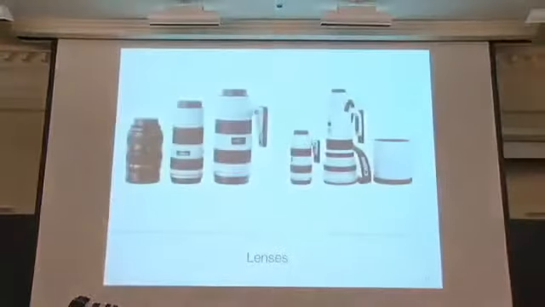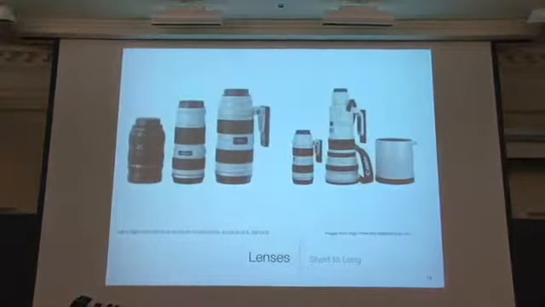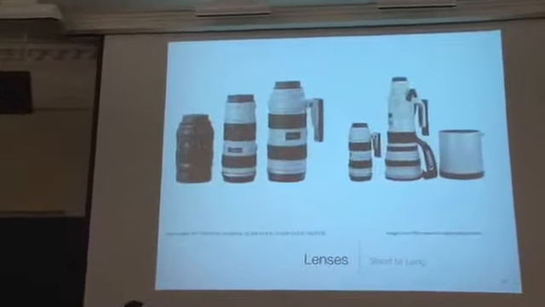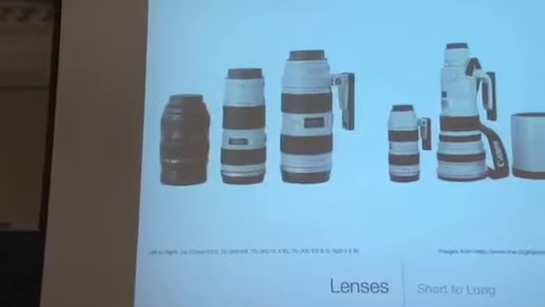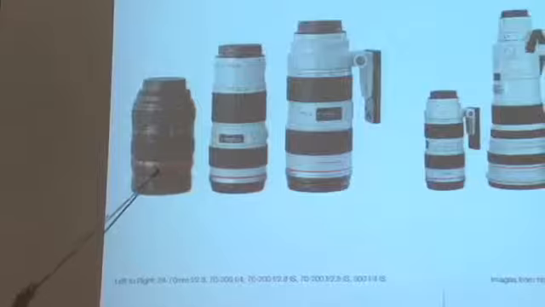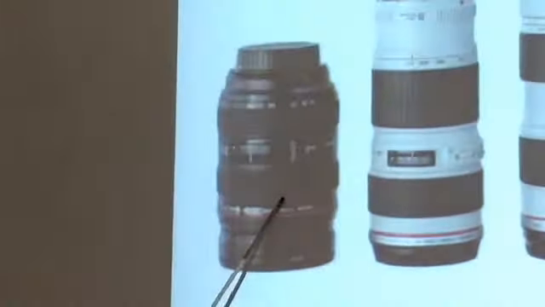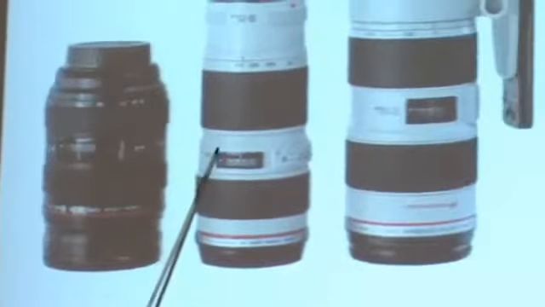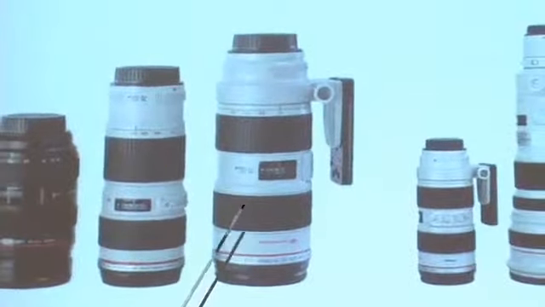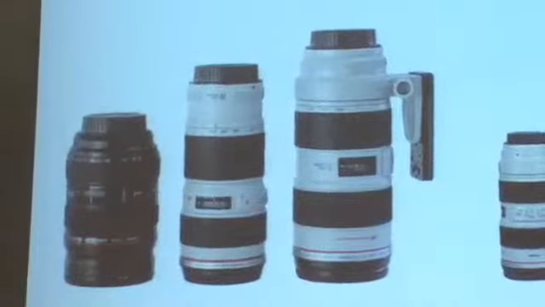So just to give you an example of some of these differences, from left to right on this list of lenses that I have here, we have a 24 to 70 zoom with a maximum aperture of f2.8. Then we have a 70 to 200 f4, then a 70 to 200 2.8. And so you can really tell the difference. Now, yes, it's a little bit longer.